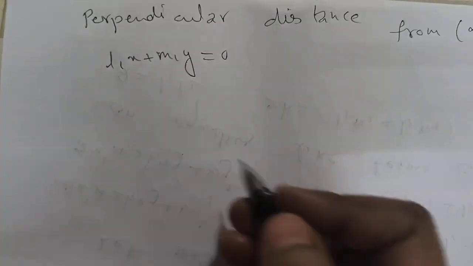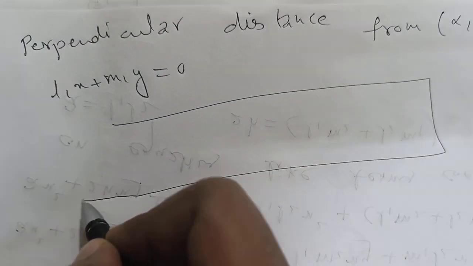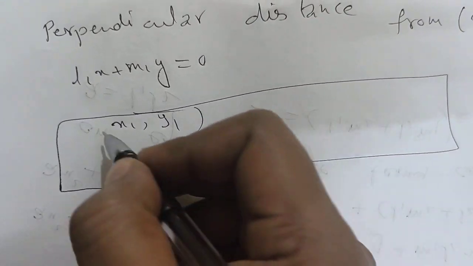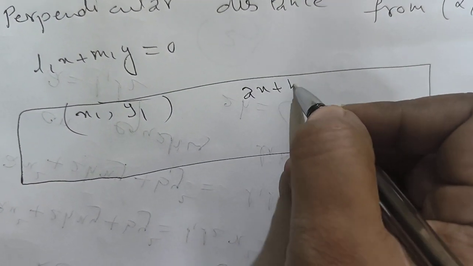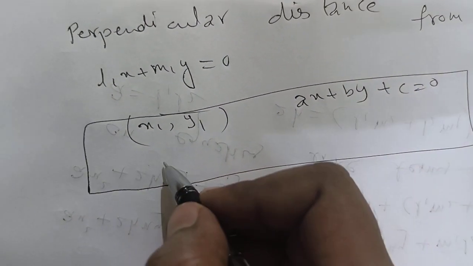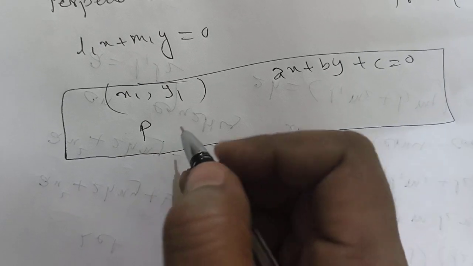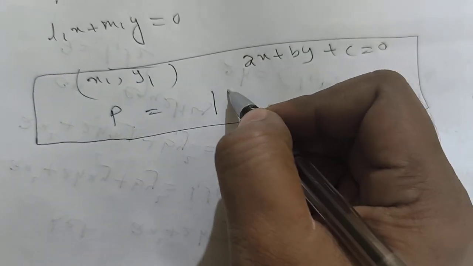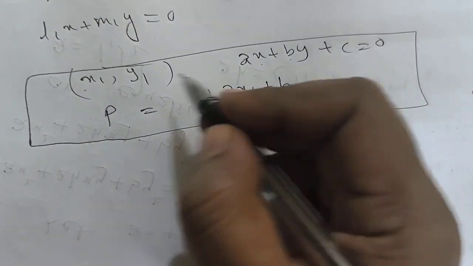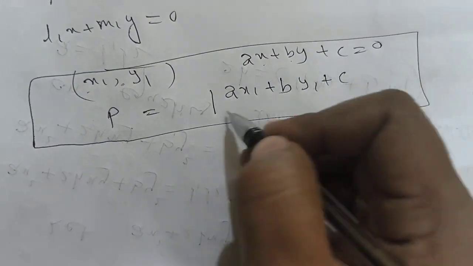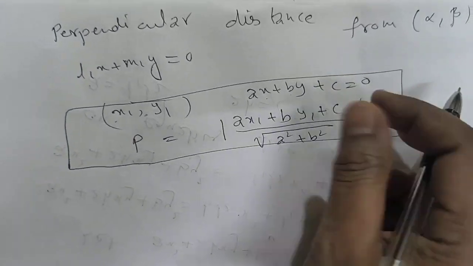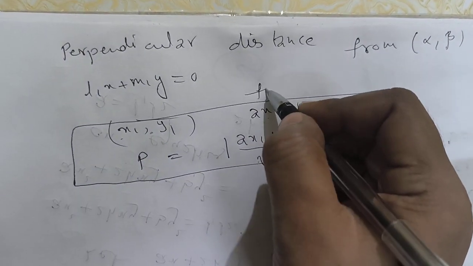So actually we have the formula like this. If we have the point x1 y1 and the line ax plus by plus c is equal to 0, then perpendicular distance, denoted by the letter p, is mod a x1 plus b y1 plus c by square root of a square plus b square.